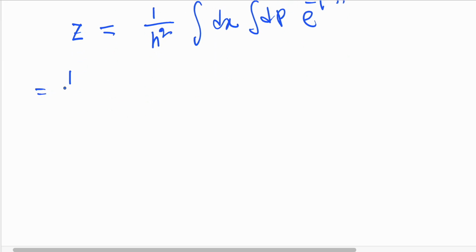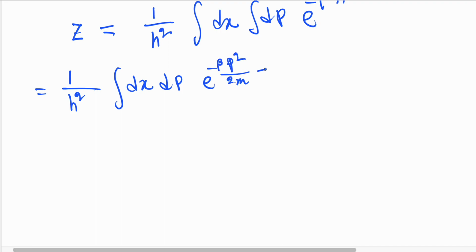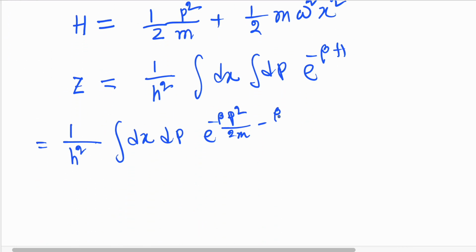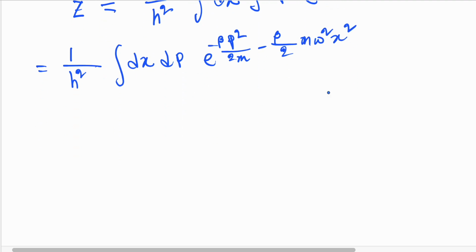So it can be written as 1 by h, integral dx dp e to the power minus beta p square by 2m minus beta by 2m omega square x square.